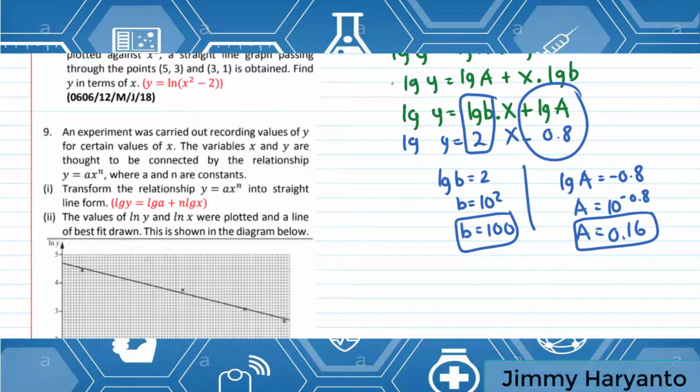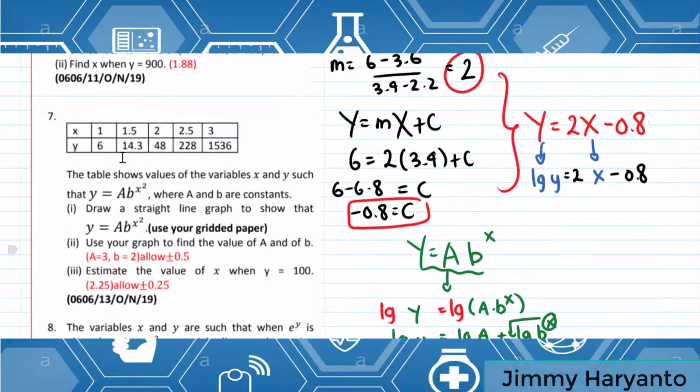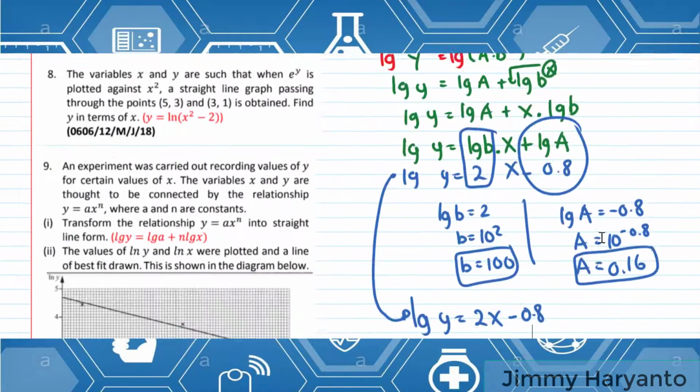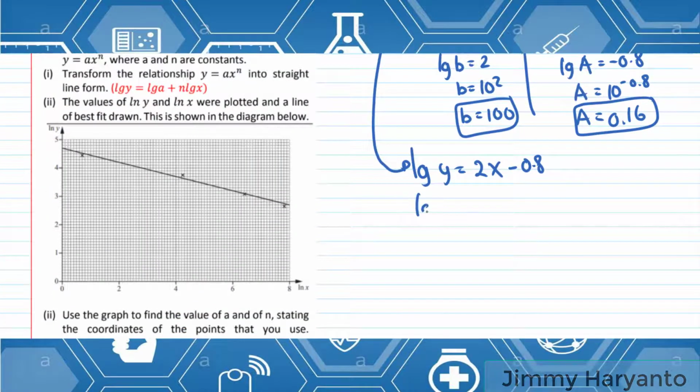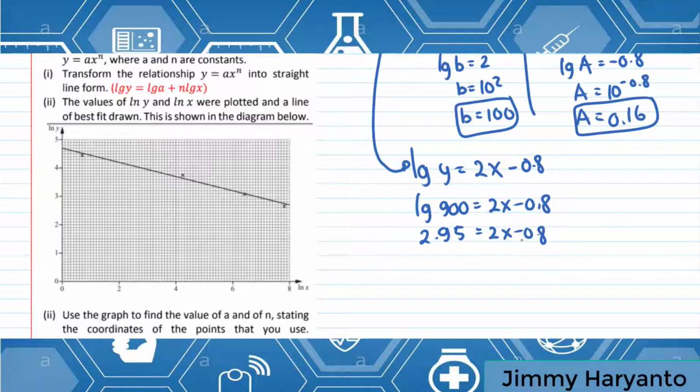Okay, let's use this one. LG Y equals 2x minus 0.8. So Y is 100. So I can write LG 100 equals 2x minus 0.8. Calculate LG 100 first, it is 2.95 equals 2x minus 0.8.